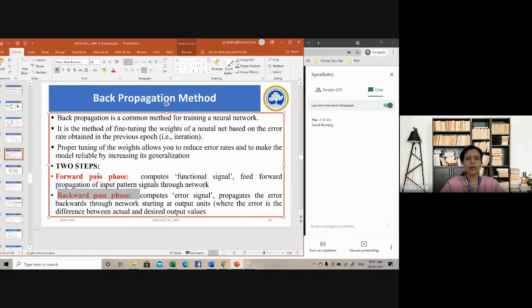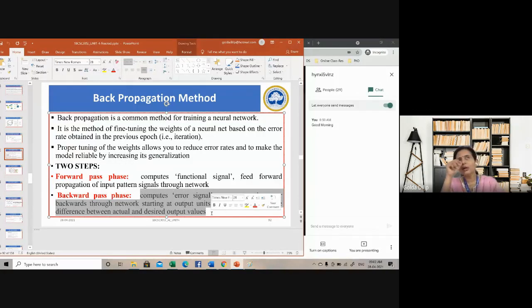In the forward pass, you compute the output of the network from the given input data. In the backward pass, you compute the error with respect to the expected outcome. Then you propagate back into the network, that is, back propagation is done.